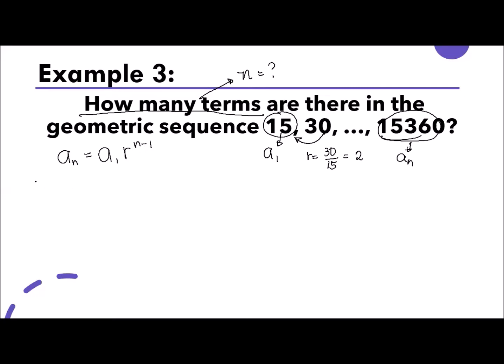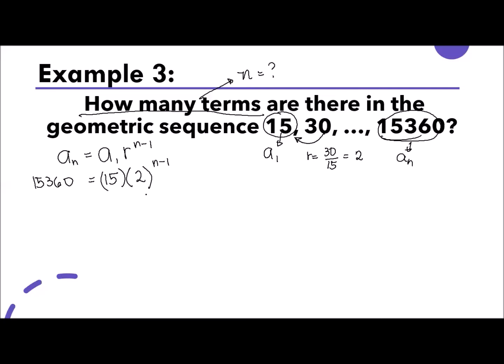So our last term is 15,360. And then our first term is 15. Okay? And then our common ratio is 2. Then we don't know n minus 1, the value of n. Okay?